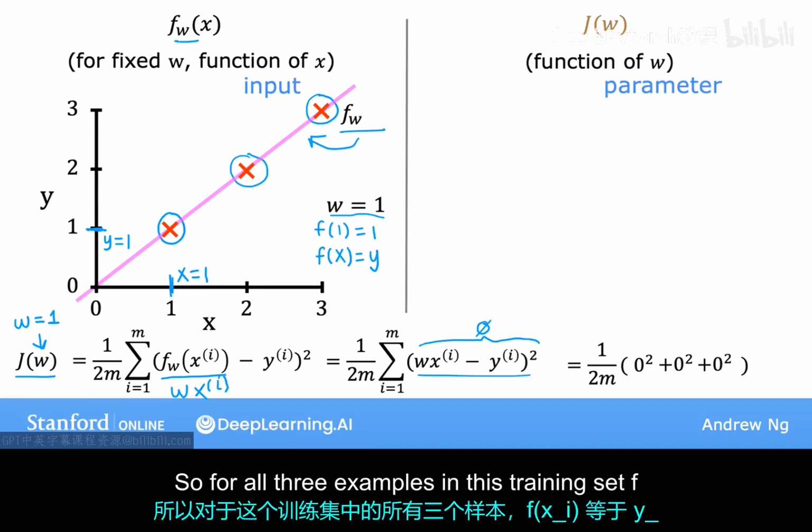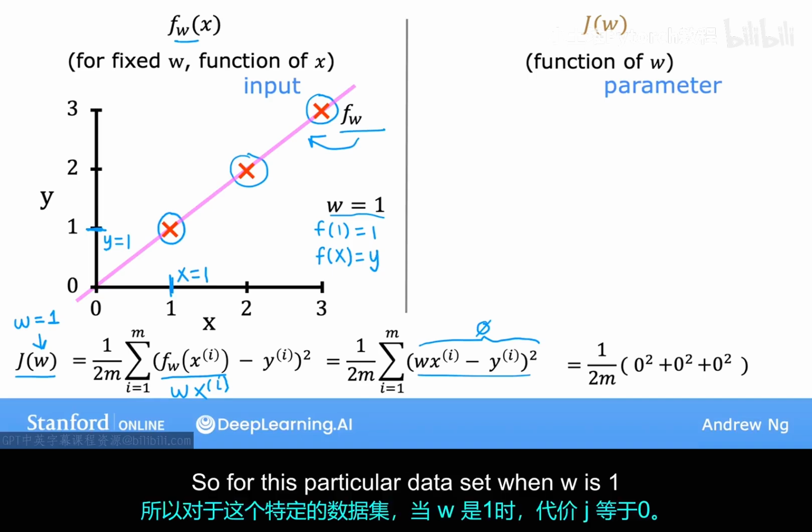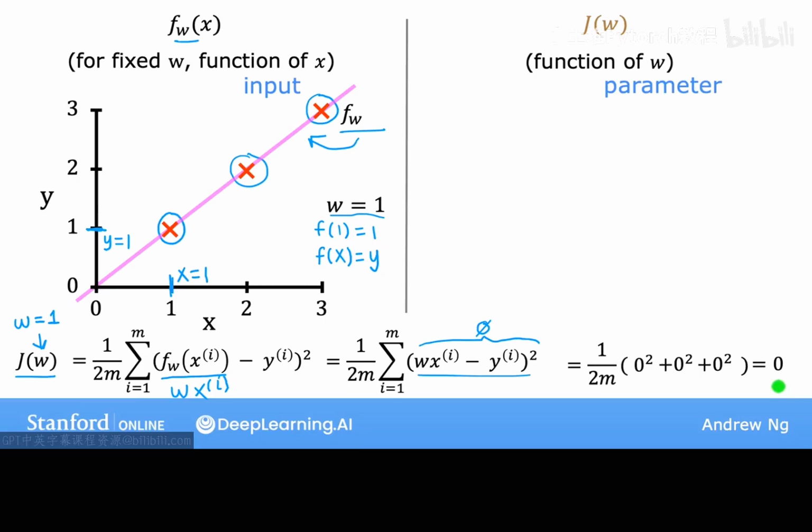So for all three examples in this training set, f of x^i equals y^i for each training example i. So f of x^i minus y^i is 0. So for this particular data set, when w is 1, then the cost J is equal to 0.